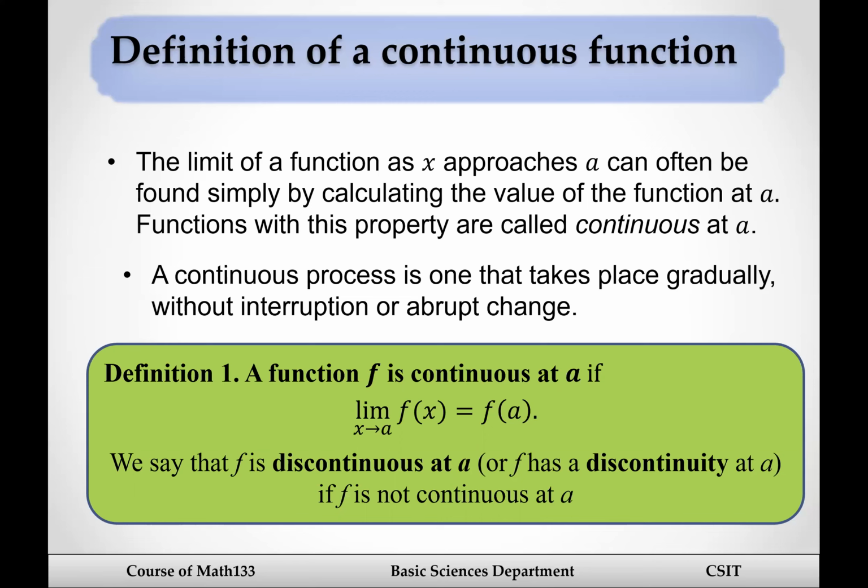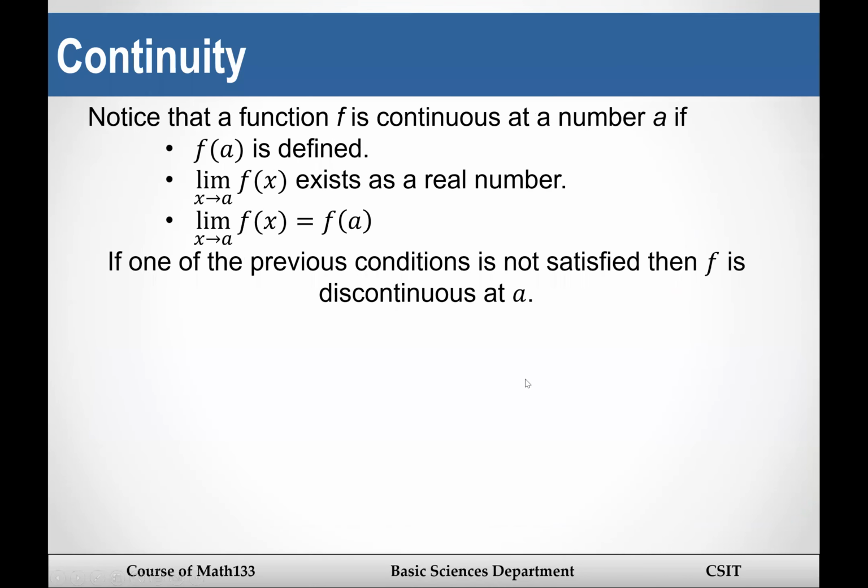If this condition, the limit of f of x equal to f of a, is not satisfied, then we say that the function is discontinuous at the point A. Okay. So as we said, we have three conditions to be satisfied.